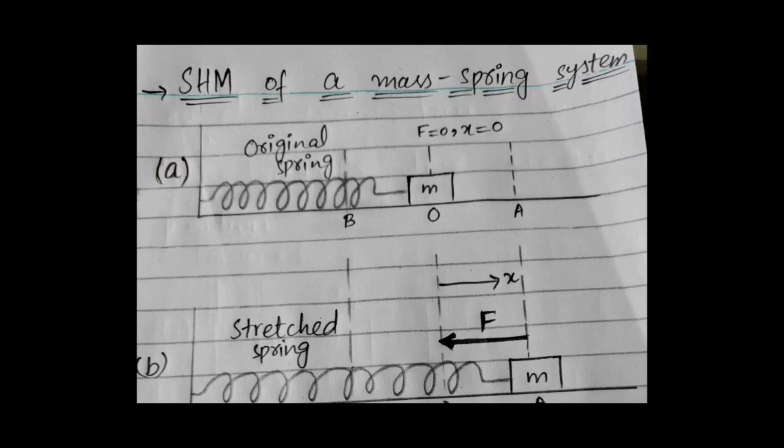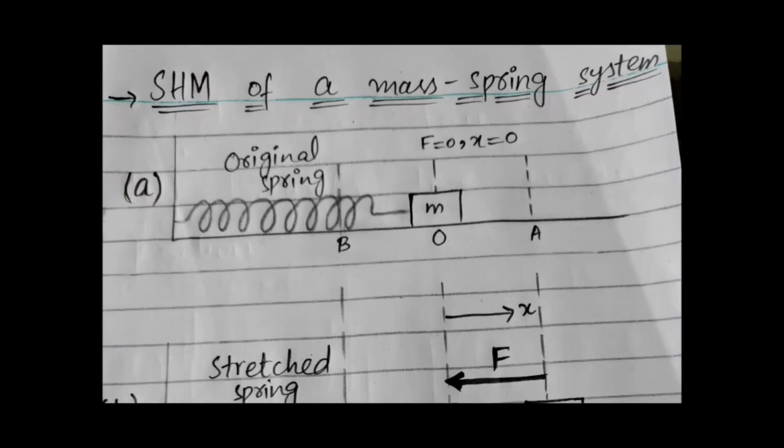So that there is no friction, which means no opposition or resistance to the motion of the mass occurring through simple harmonic motion. In figure A, we don't apply any disturbance or force on the spring. Due to this, the force acting on the mass m due to the spring will also be 0 and the displacement also 0.